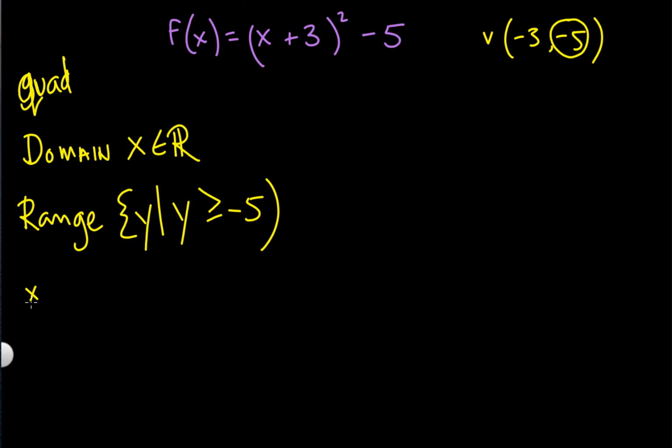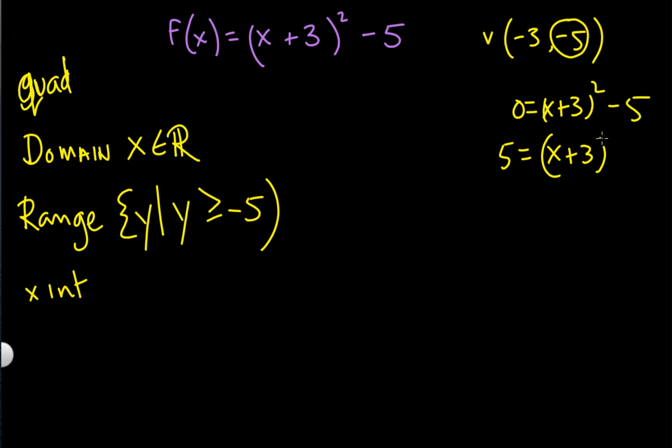I can find my x-intercept by setting y equal to 0. So if y is equal to 0, I get 0 equals x plus 3 squared minus 5. So 5 is equal to x plus 3 squared.